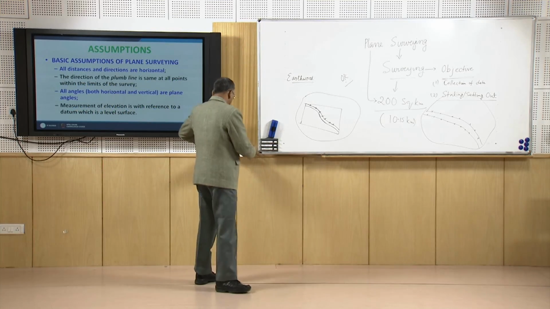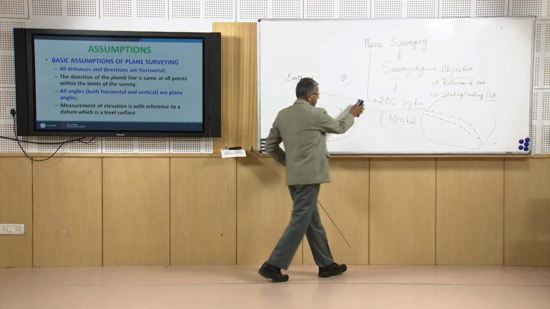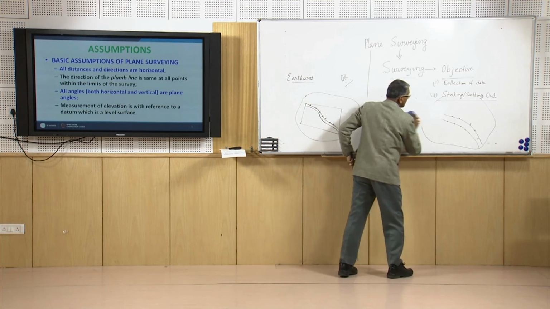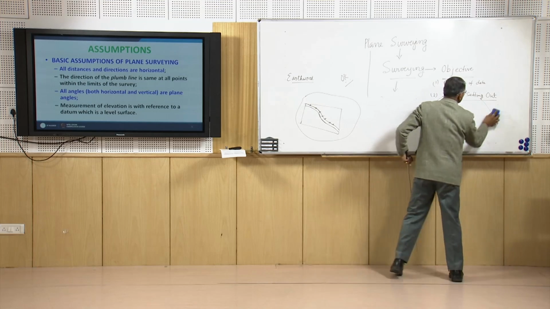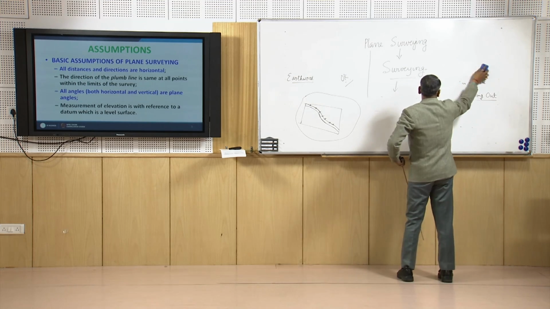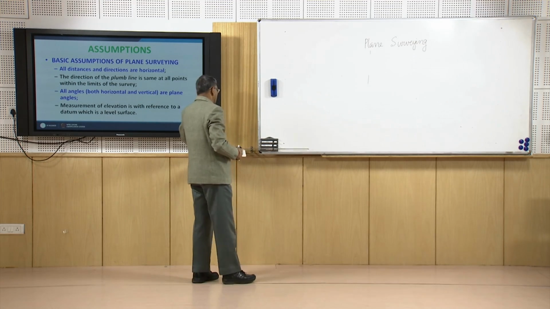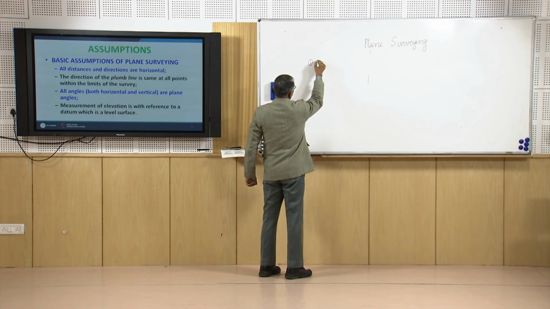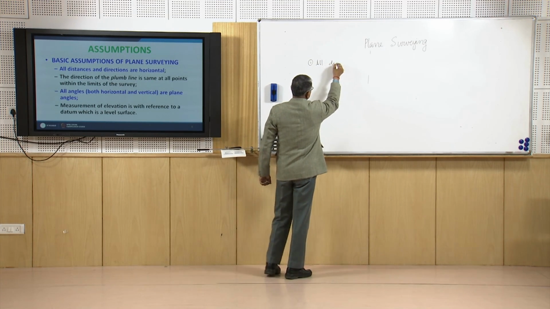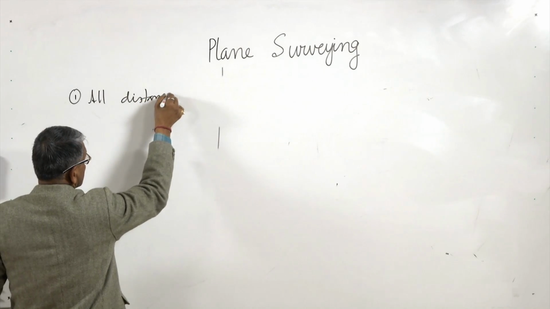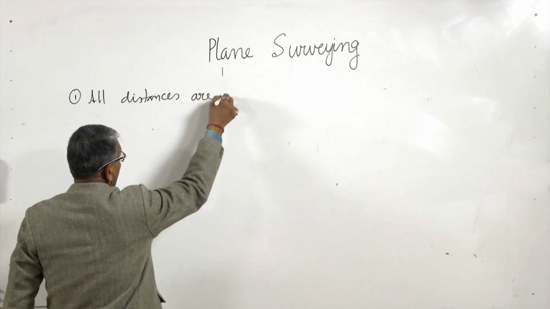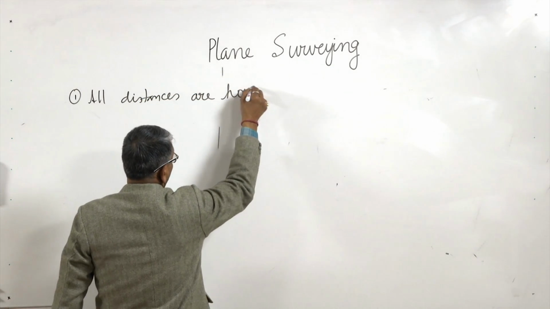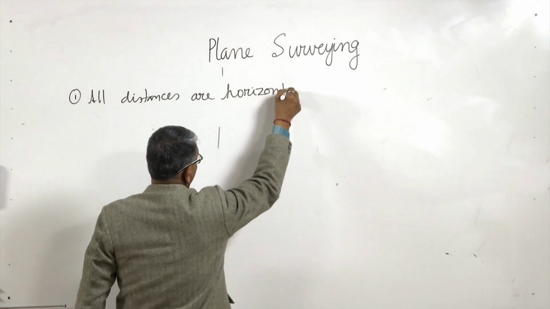As you know, the surface of the earth is curved, but in the case of plane surveying we assume that all distances are horizontal.